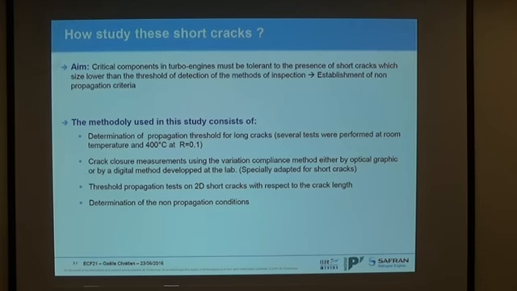To determine it, we have to determine the long crack propagation threshold. We have also to measure crack closure using the variation compliance method. We have to propagate 2D short cracks at threshold and to determine the evolution of the crack propagation threshold with crack length. And so, to determine the non-propagation conditions.